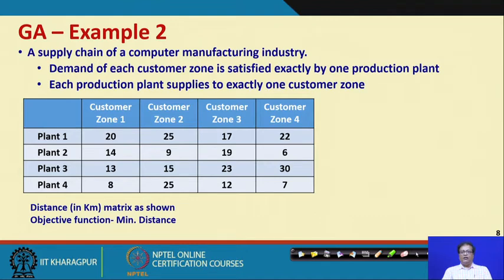Is it all right? The objective function is to minimize the distance. That means plant 1 should supply to customer 1, 2, 3 or 4, or plant 2 will go to the other. The point is every customer zone must have a supply. So, it is basically a kind of assignment problem.